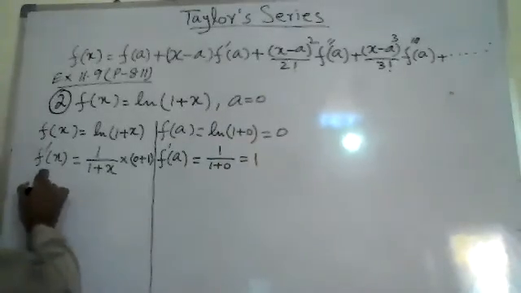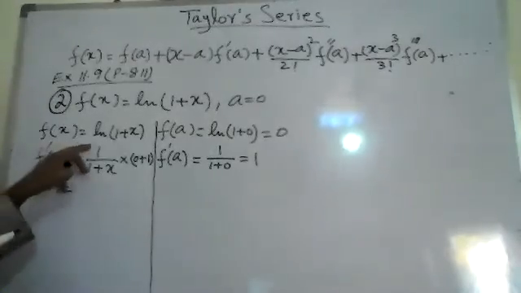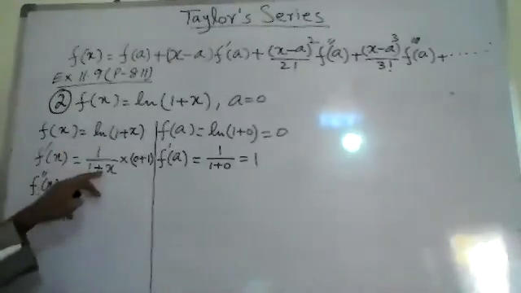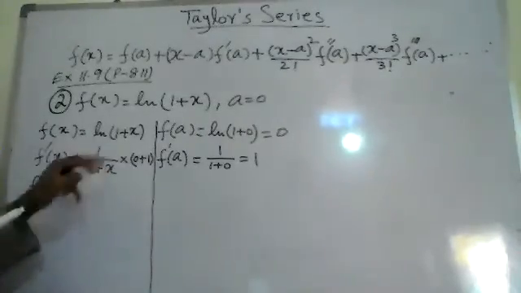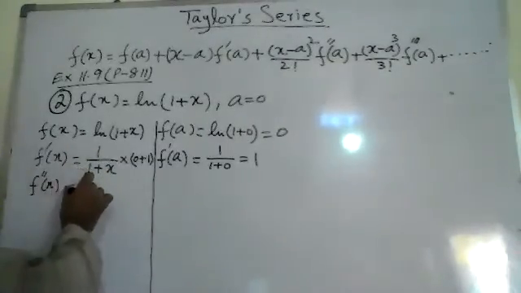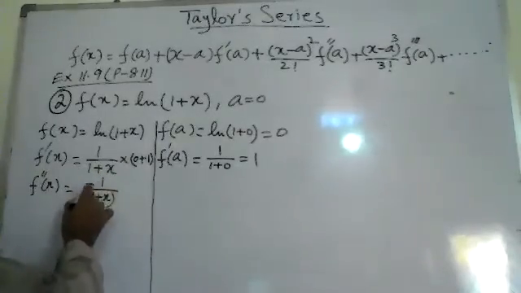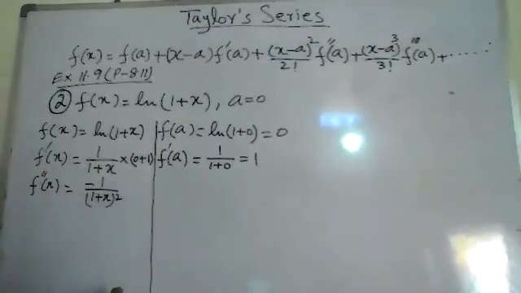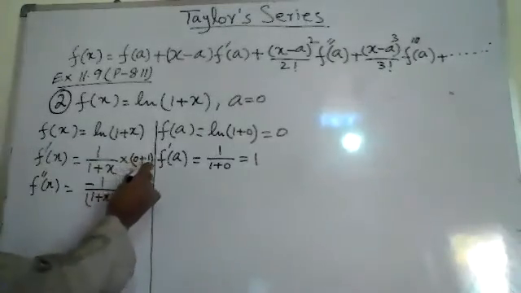The second derivative: 1 upon 1 plus x is 1 plus x raised to power minus 1. The derivative of 1 plus x raised to power minus 1 will be minus 1 upon 1 plus x square into the derivative of 1 plus x, which is 0 plus 1, will be 1.